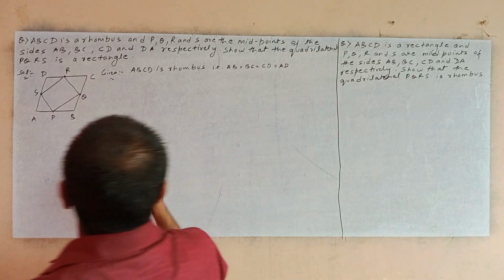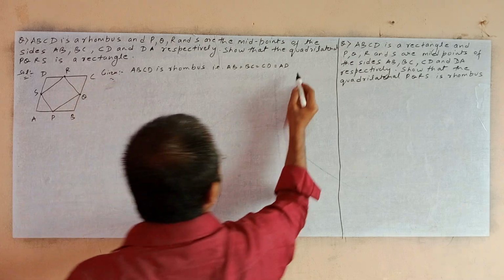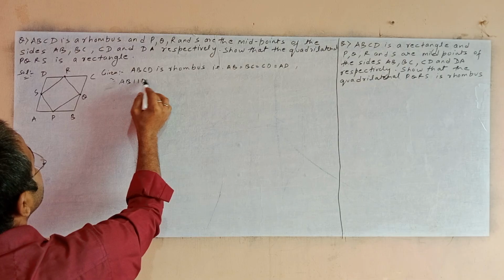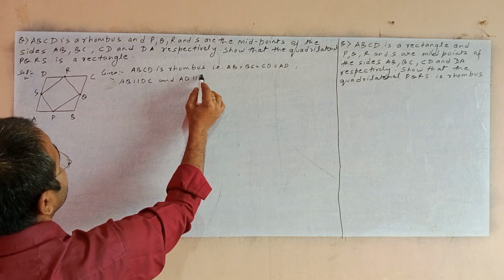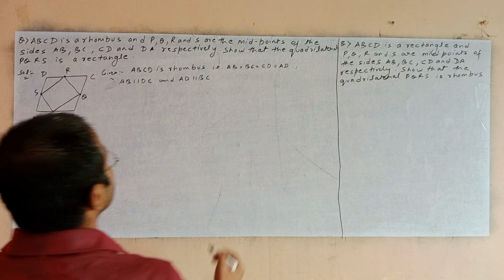Also, what will happen? AB is parallel to DC and AD is parallel to BC. This thing you will write.